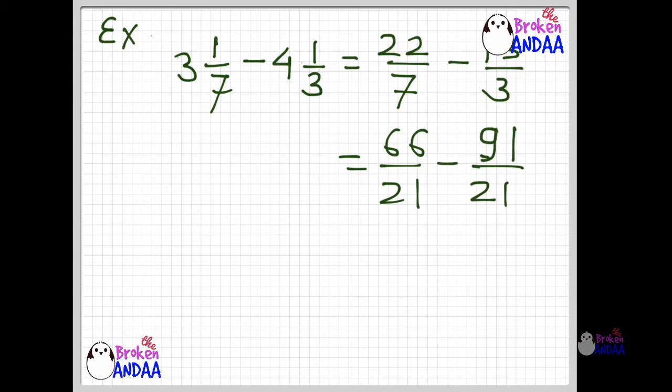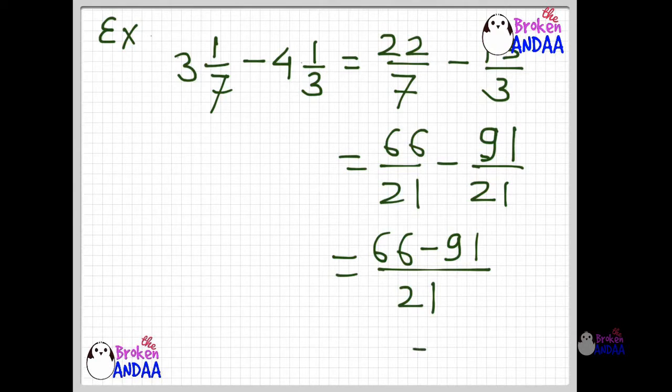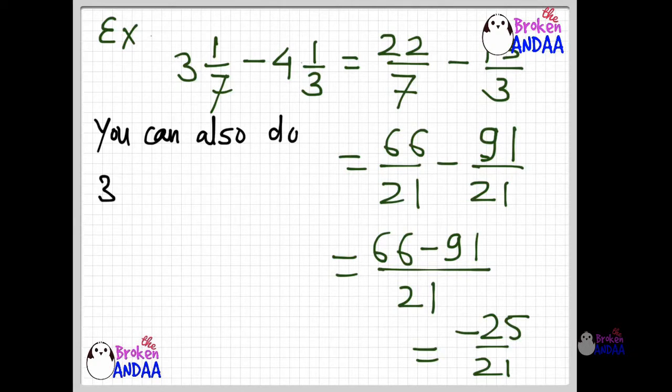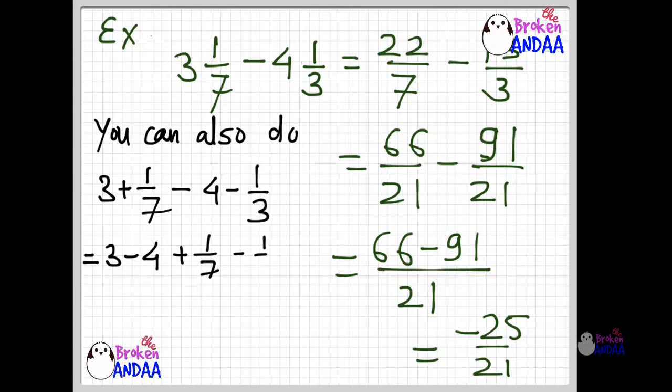As the denominators are the same, we can now subtract or add, whatever it is: 66 minus 91 by 21, and our answer is minus 25 upon 21. But in some cases, for faster calculations, you can also understand that these numbers are nothing but 3 plus 1 by 7 minus 4 minus 1 by 3, and you can do the calculations and get the answer quickly.